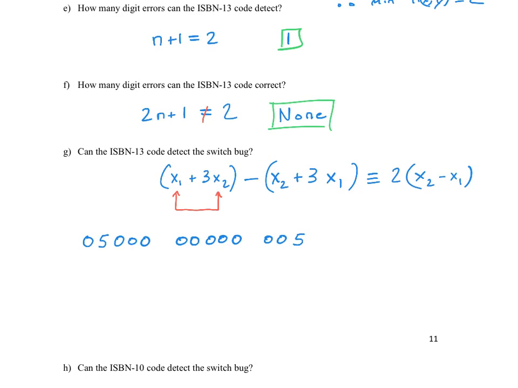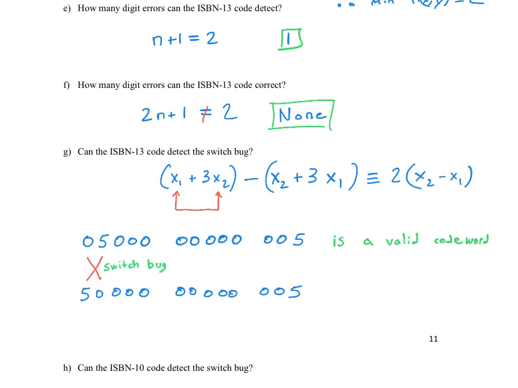But now let's suppose these two digits here got switched. So you have 5, 0, and then a bunch of zeros for the rest of your code word. Now the question is, did we detect this error? We started with a valid code word, and then we did a switch.